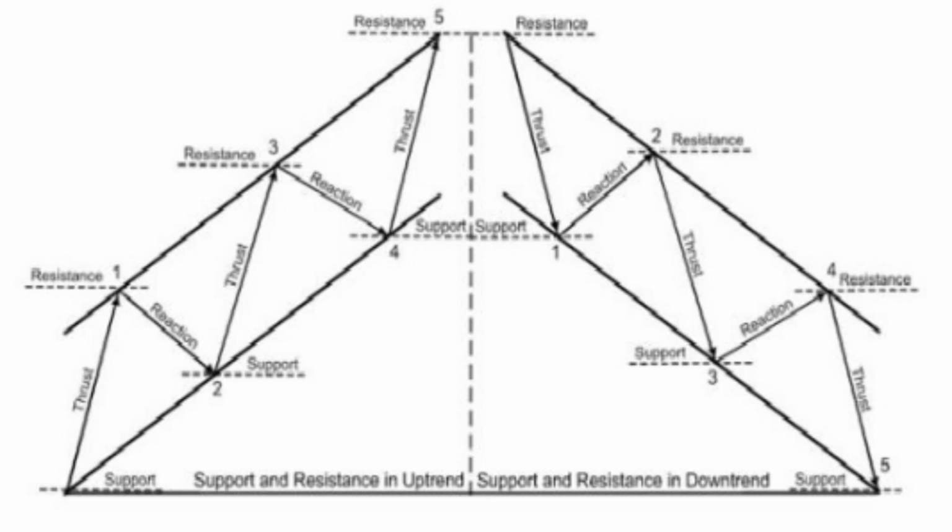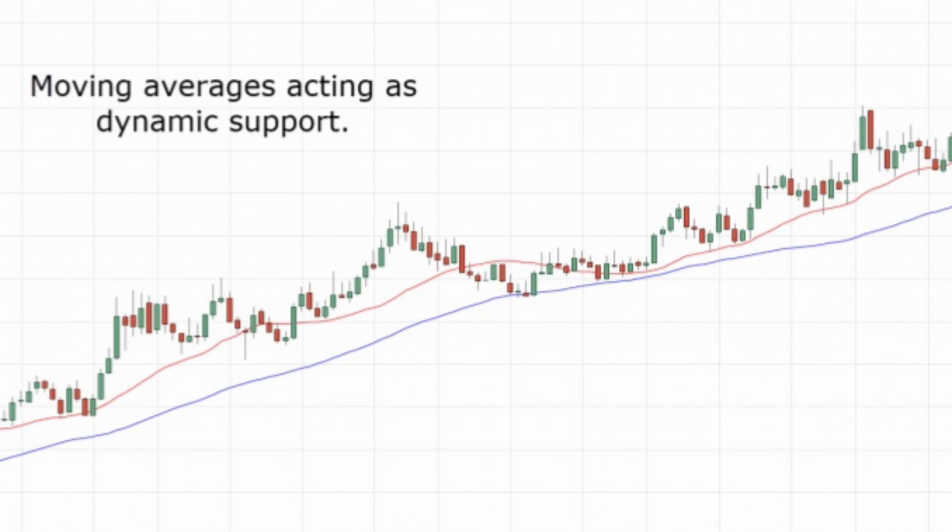This you can see when the market is trending, and this is how it looks like. And the third type is called dynamic support and resistance zones, and it is created by moving averages. So there are three types of support and resistance.